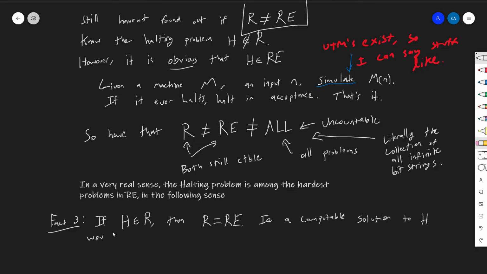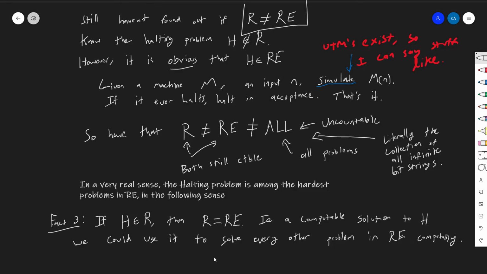If we had a Turing machine that solved the halting problem, then we could use it to solve every other problem in RE computably.